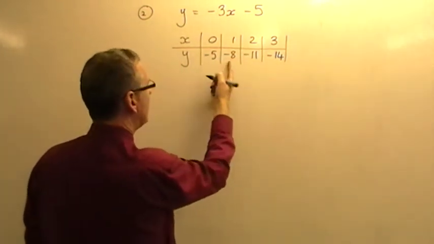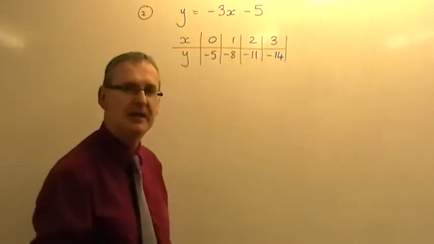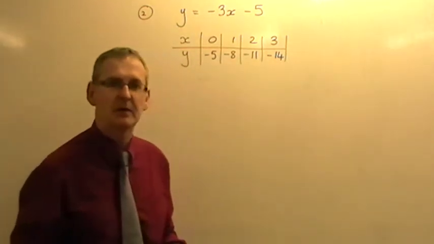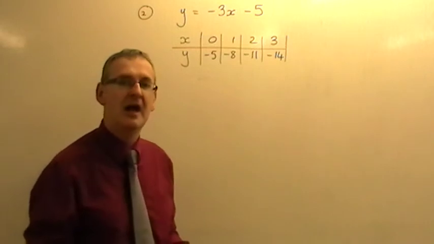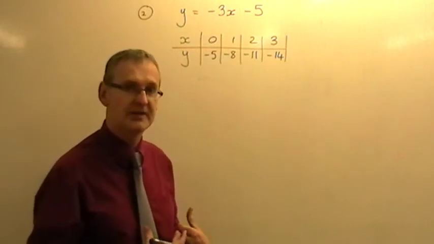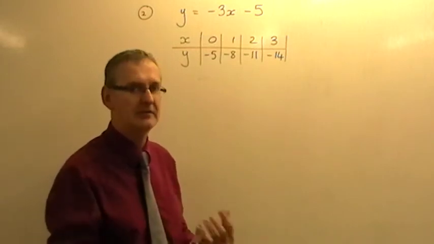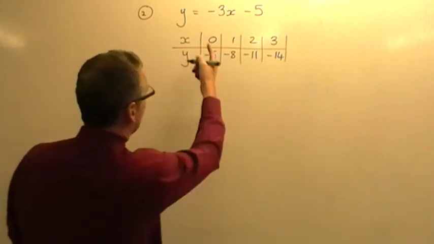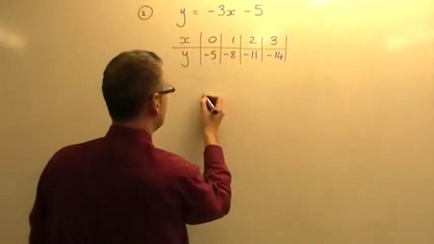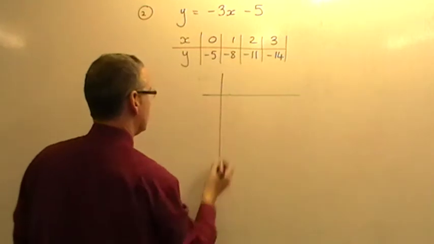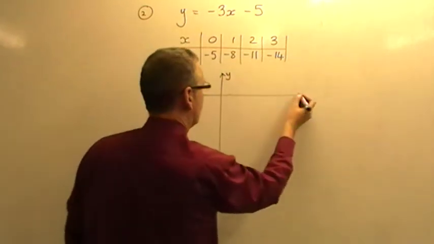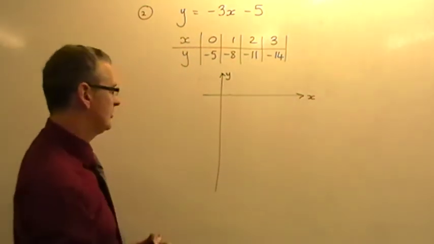Now, as you can see, the minuses here for the y mean I have to set up my scale, my axes, slightly differently. And if I'm given a choice about this, then you have to be careful how you set it up. So I need positive x numbers, but I do need negative y's. So something like this for my axes is what I'm going to draw.